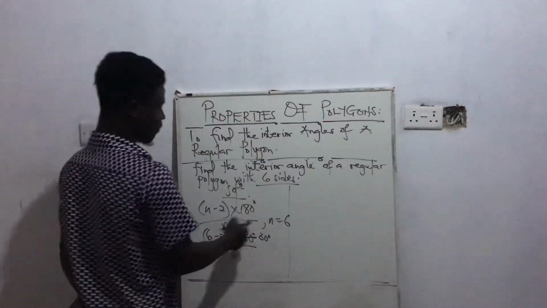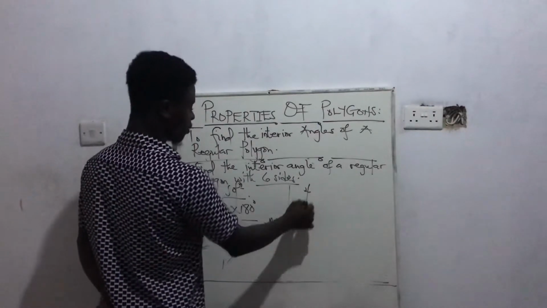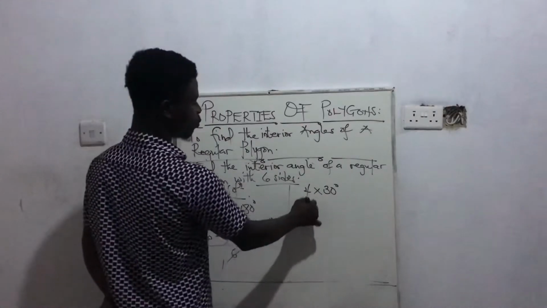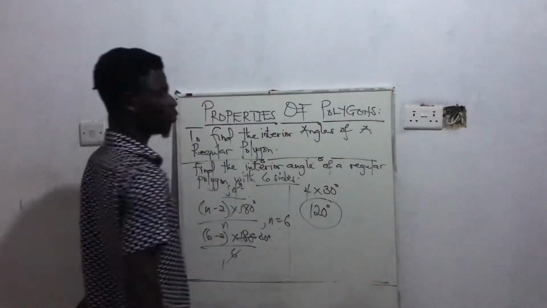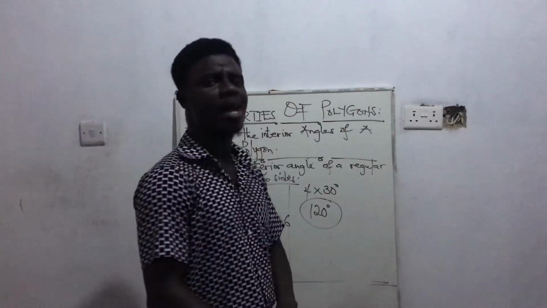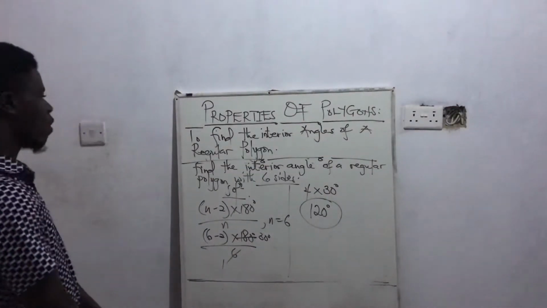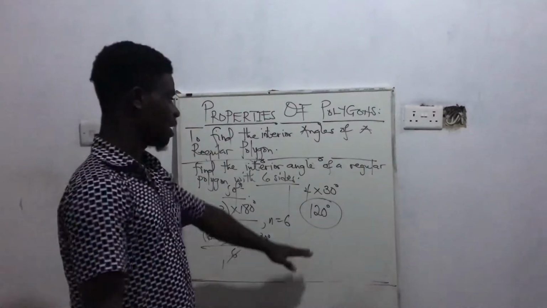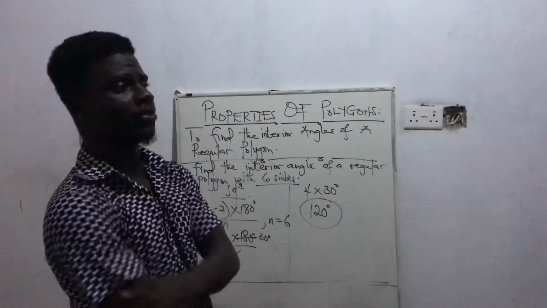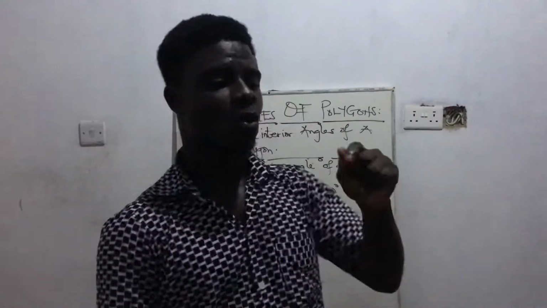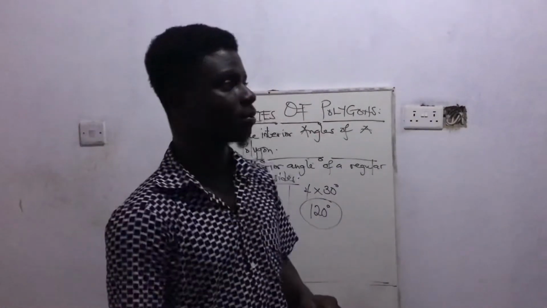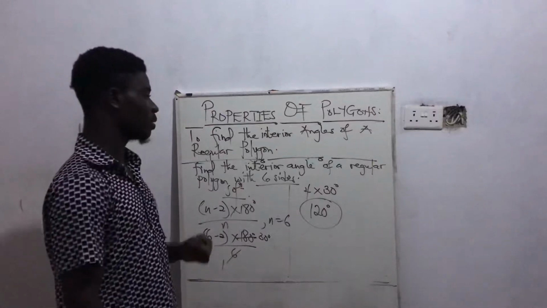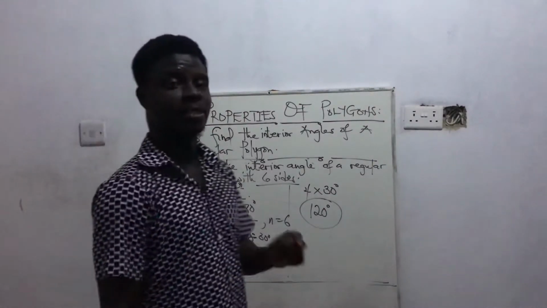6 into 180 degrees is 30 degrees. So I have 6 minus 2, which is 4, then times 30 degrees, which gives me 120 degrees. So each interior angle of a regular hexagon is 120 degrees.